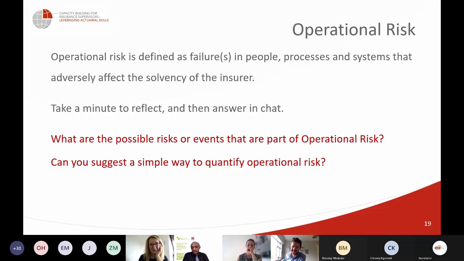Right, inadequacy of internal controls. We can look at failure in IT systems. Failure in the systems.